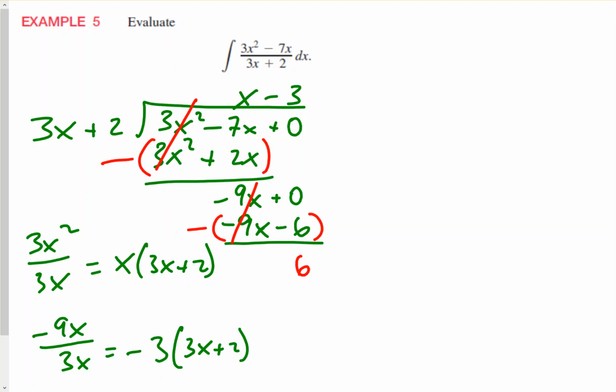If you remember, the way we write the remainder is we put that remainder as a fraction on top, and then the 3x plus 2 would be the denominator.